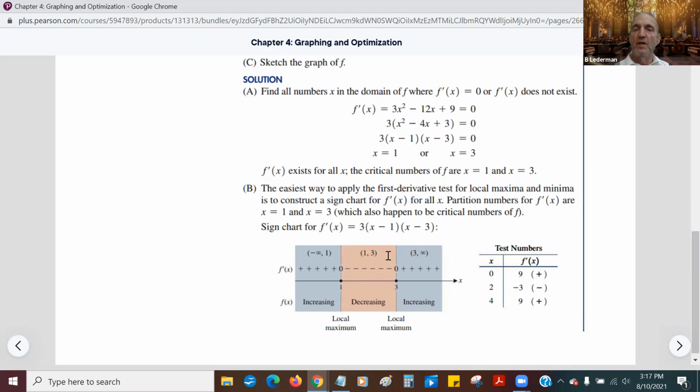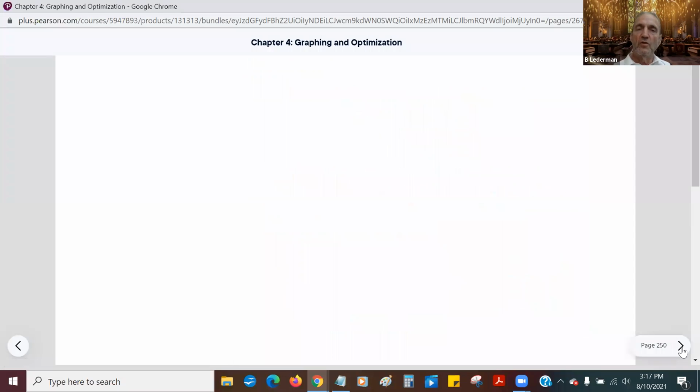My partition numbers are 1 and 3. It's positive down here, negative there, and positive there, which I find just by testing. So it's increasing, decreasing, increasing, which means we indeed have a max at x equals 1, and a min when x equals 3. And that, my friend, is the story.